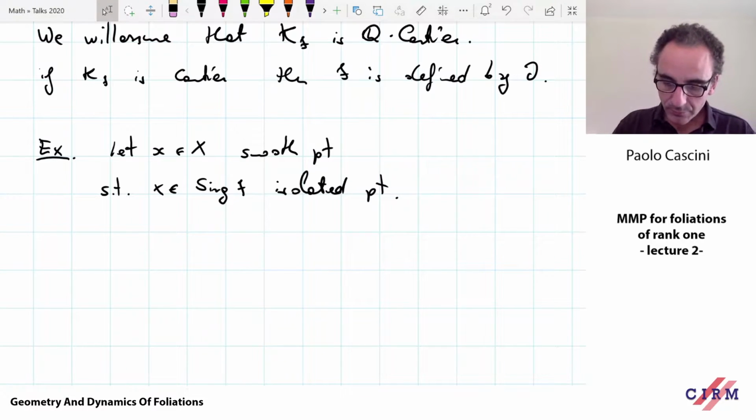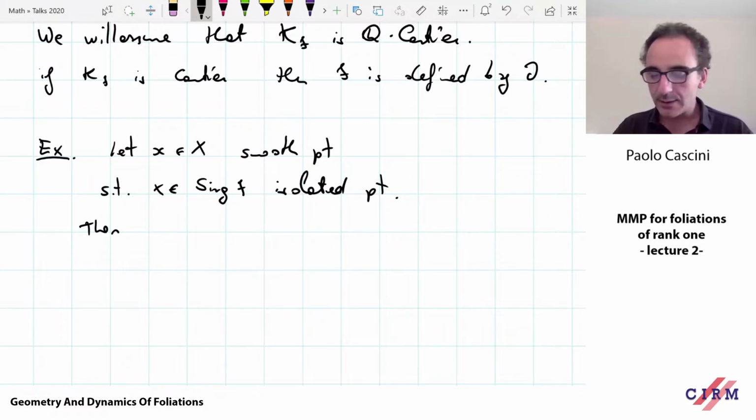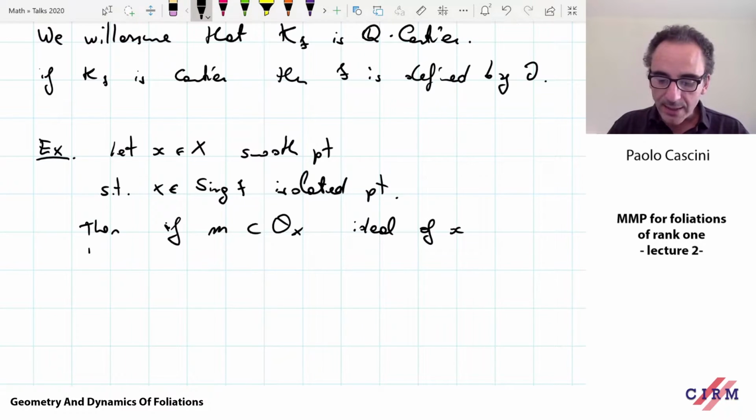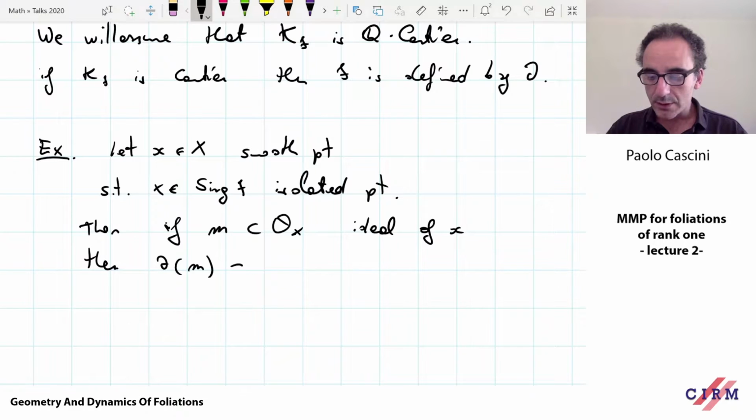Okay, then in this case, it's easy to check that if M defines the ideal of x, then the derivation makes M invariant. So in other words, δ(M) is mapped inside M. Why?